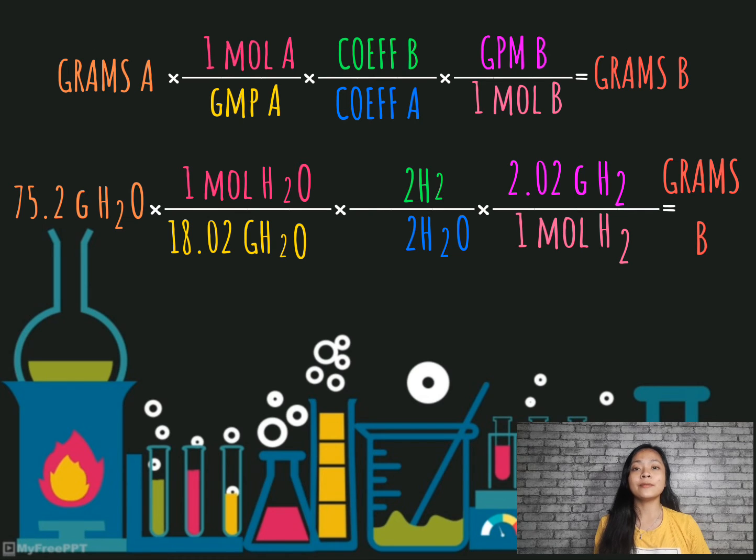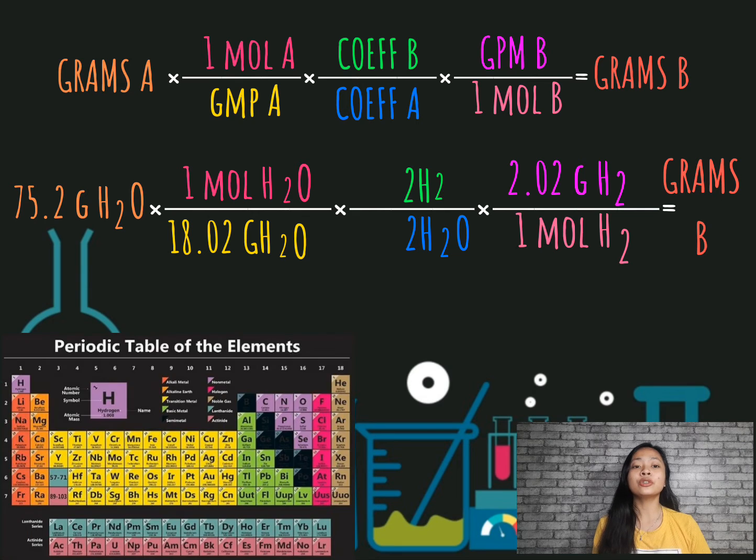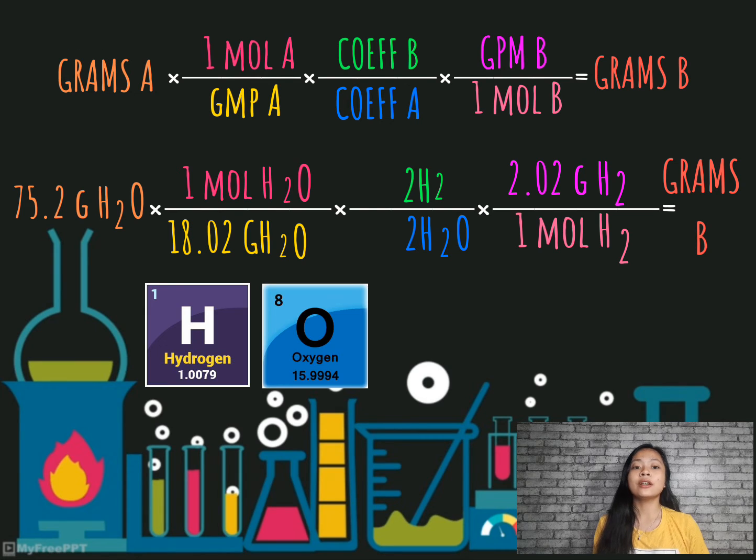18.02 grams H2O or g H2O. So, where to find it? We need to look up in our periodic table and find their atomic masses. So, we have 2 hydrogen and 1 oxygen atom.